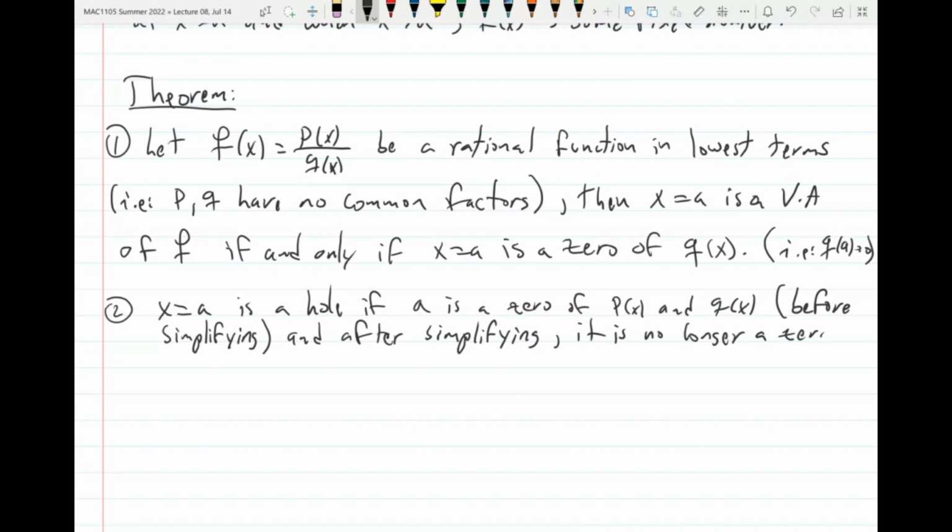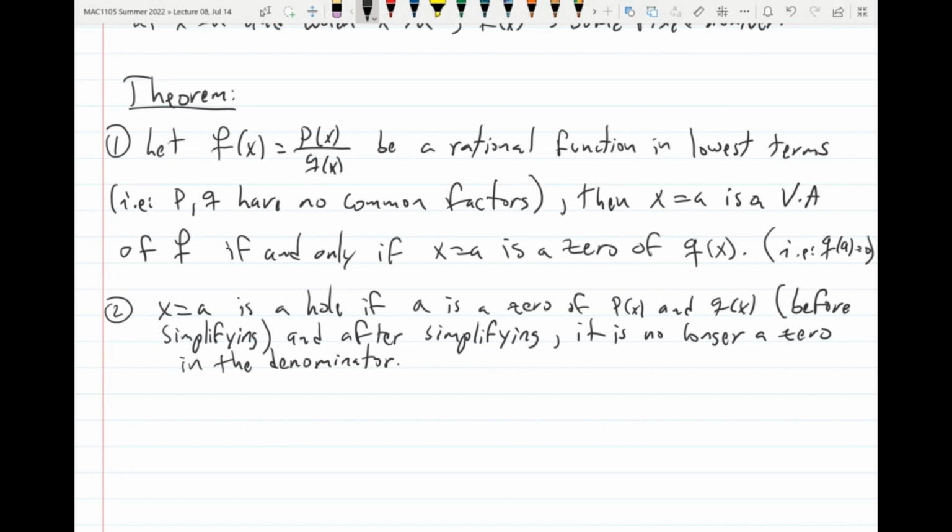It is no longer a 0 in the denominator. In other words, if the factor disappears, okay? Like what happened for us, that the x plus 2 was gone, that means -2 was a hole, okay?